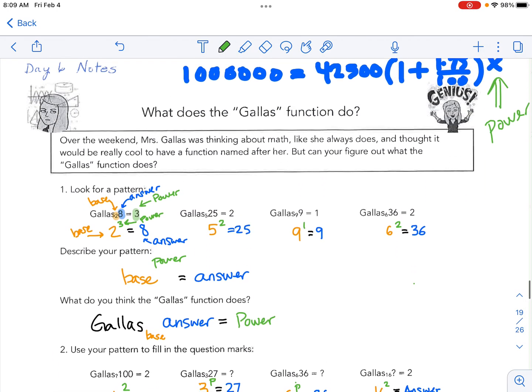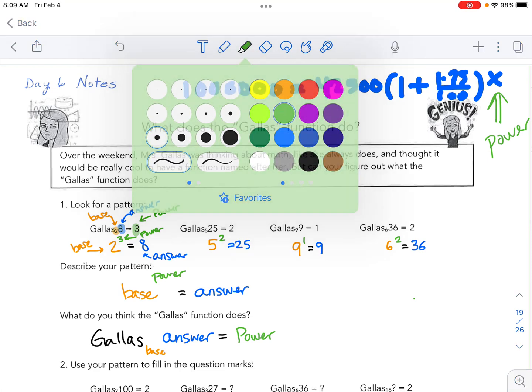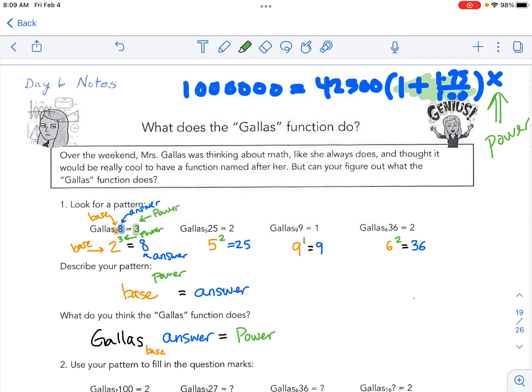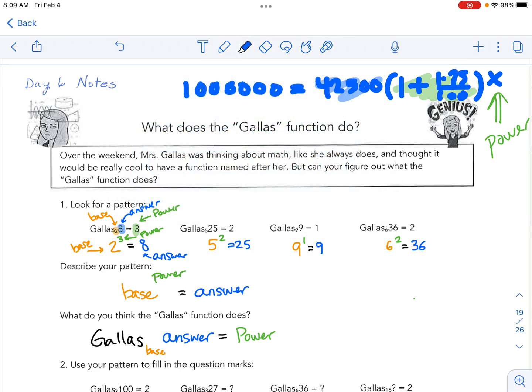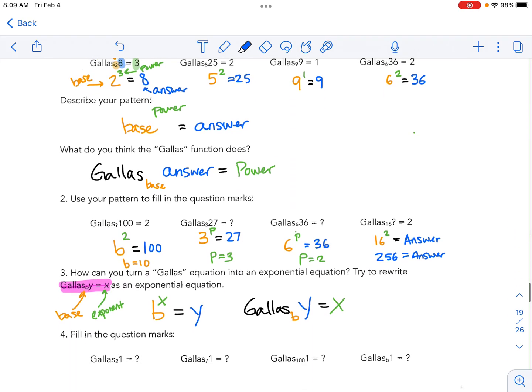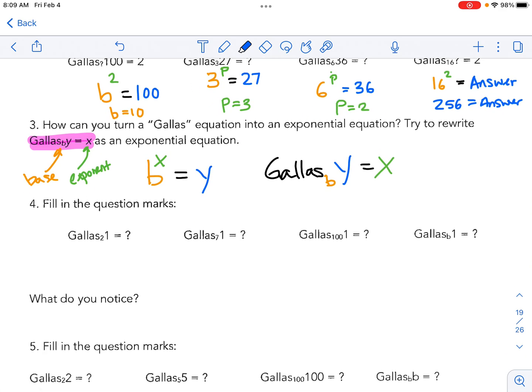So looking back at what I started the notes with, we have a base and an answer, right? Here is our base from our homework assignment, and our answer would be the ratio between what we have left. We would have to do a little bit of math here, and I don't want to muddy the waters too much, but we'd have to get that ratio, and then we could solve for the power directly if we use this log function.